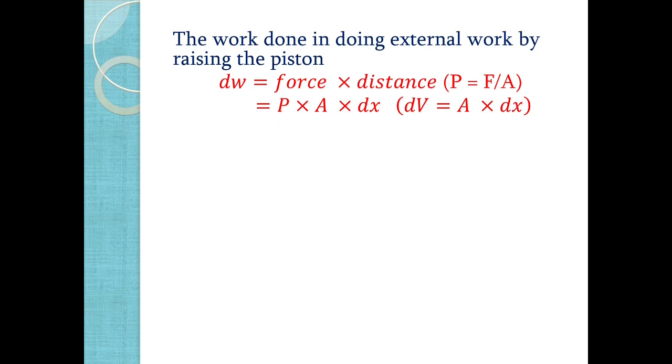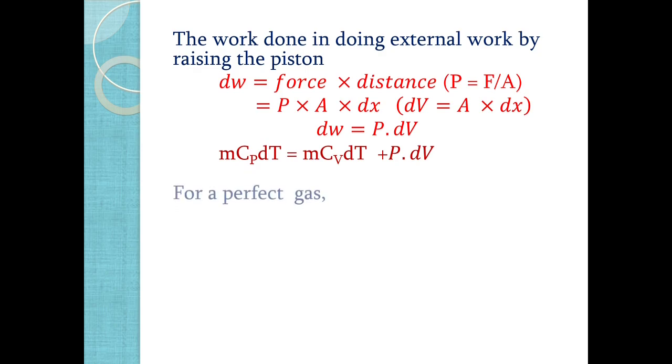Substituting, the work is P into A into dx. We know that area into the distance dx is nothing but dV, the change in the volume. So the external work done dW is equal to P dV. So we can write m Cp dT is equal to m Cv dT plus the external work done P dV.